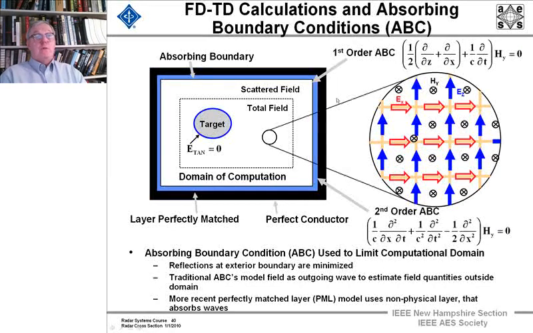Now, the problem one has to deal with in this kind of calculation is the boundary conditions and how we handle them. Because if we put a perfectly conducting boundary, then we'll get reflections off the boundary, and that won't be appropriate because free space doesn't have a boundary.